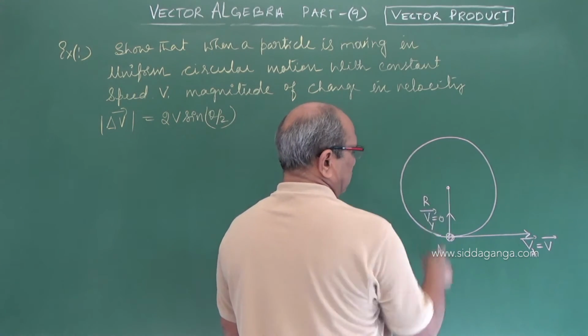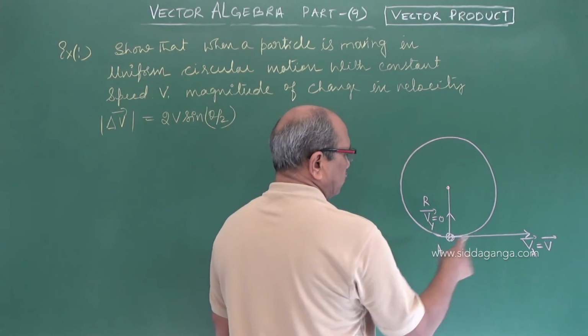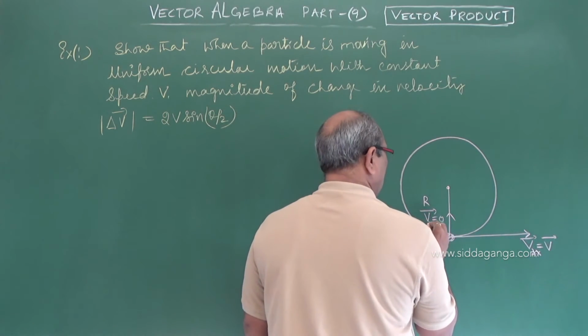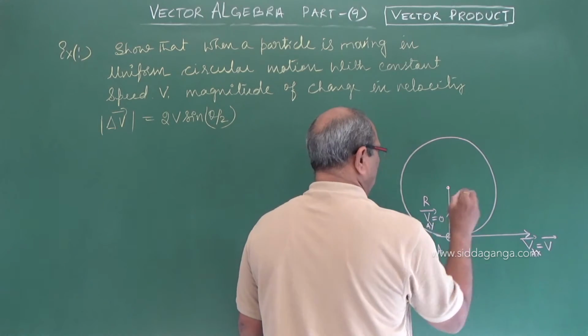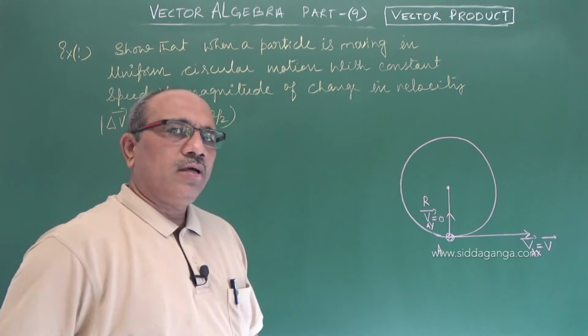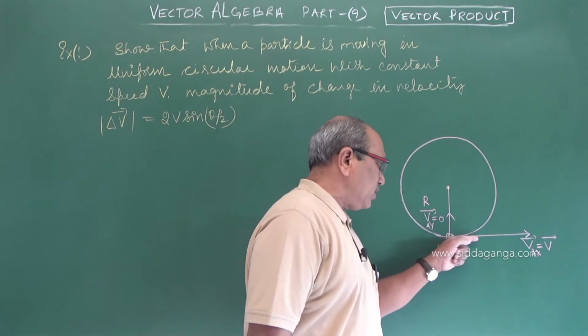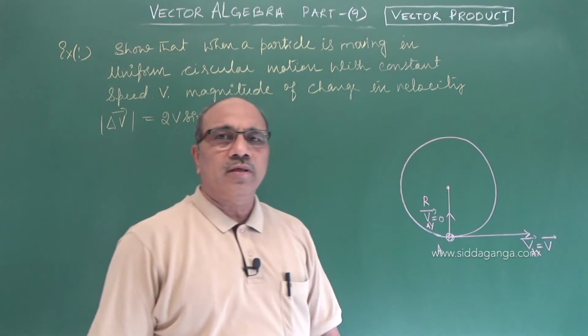Vax I can give, Vay is 0. No component of velocity perpendicular; tangentially the velocity exists here.